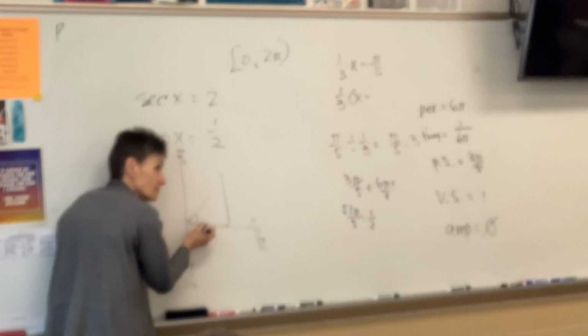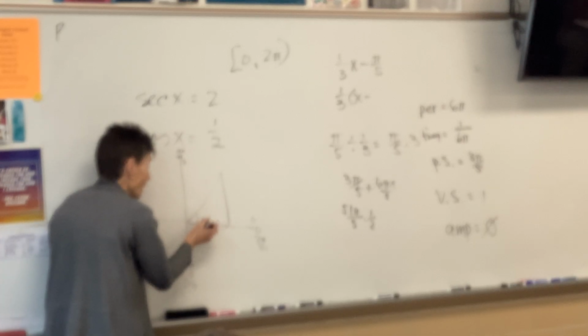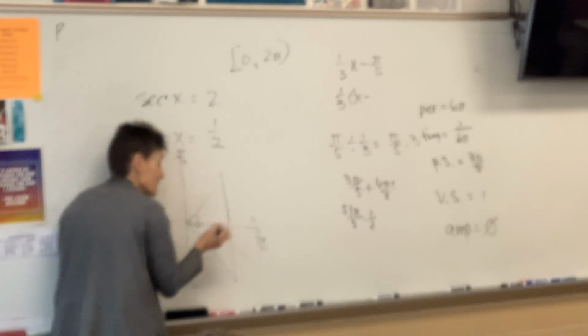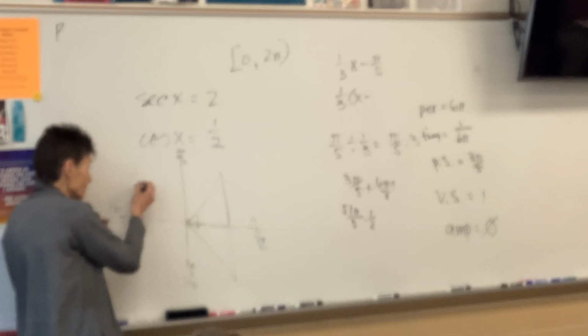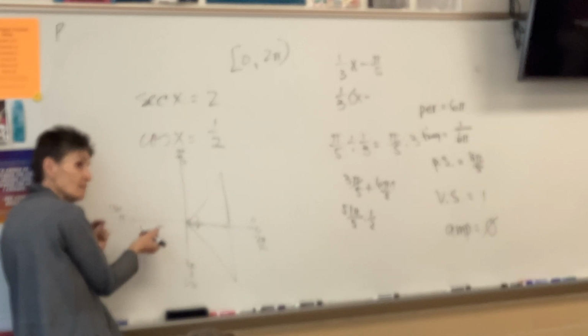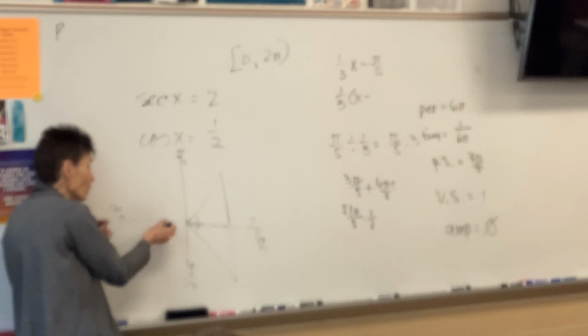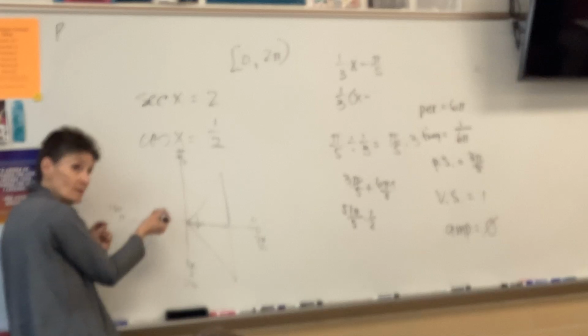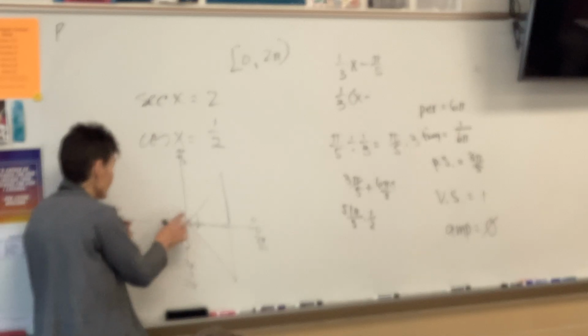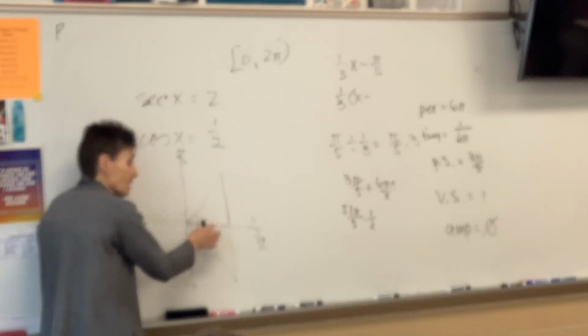That's x. X is positive here and here. If you were over here, do you see how that's negative? So wouldn't your cosine be a negative number over here? Adjacent over hypotenuse? So it's not over here. We narrowed it down. Here's where it's at.